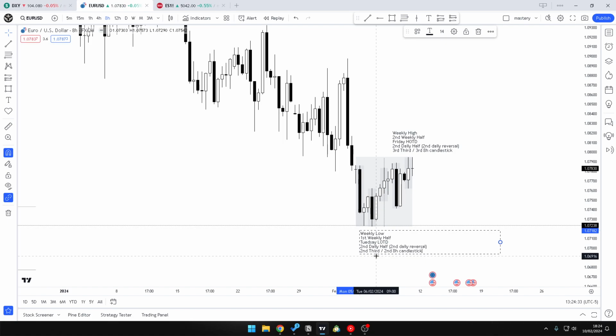Between 1 and 5 everything cuts off, and after 9 to 17 everything cuts. So this low of the day and low of the week was made at the 4 hour candlestick, which ends at 9.